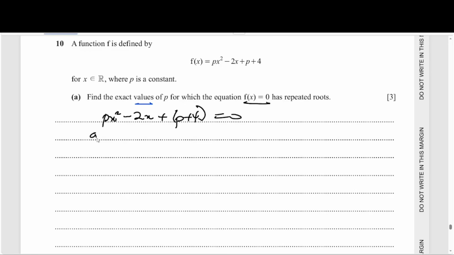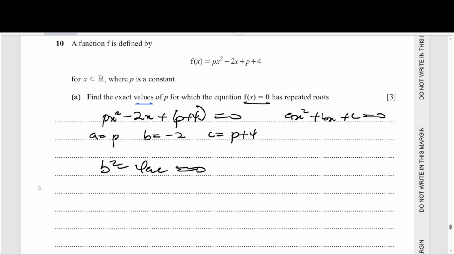Our a from here is equal to p. Our b is negative 2, and our c is equal to p plus 4. By a, b, and c, I'm trying to compare it to the general form of a quadratic equation, ax squared plus bx plus c is equal to 0. Right? And then for a quadratic equation to have a repeated root, the discriminant, which is b squared minus 4ac, must be equal to 0.